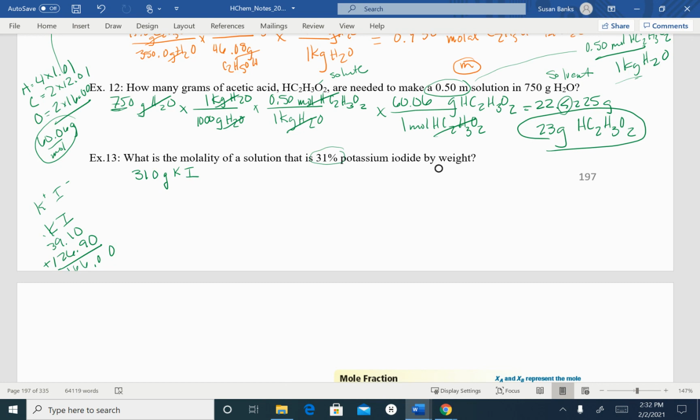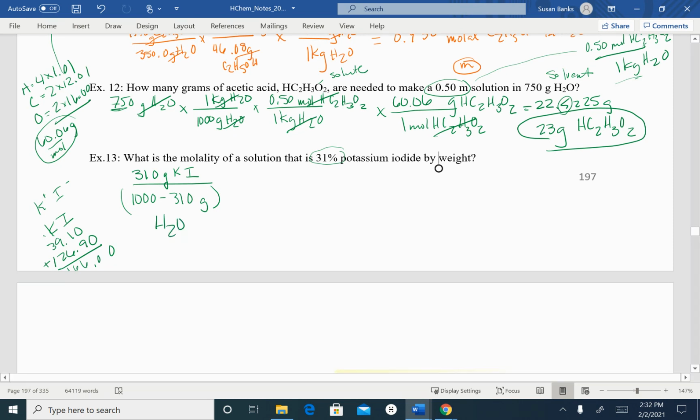All the rest of those 1,000 grams is going to be water, right? So 1,000 minus 310 grams, that is my water in grams. That's really going to be 690 grams of water. Okay, we can think of it as 690.